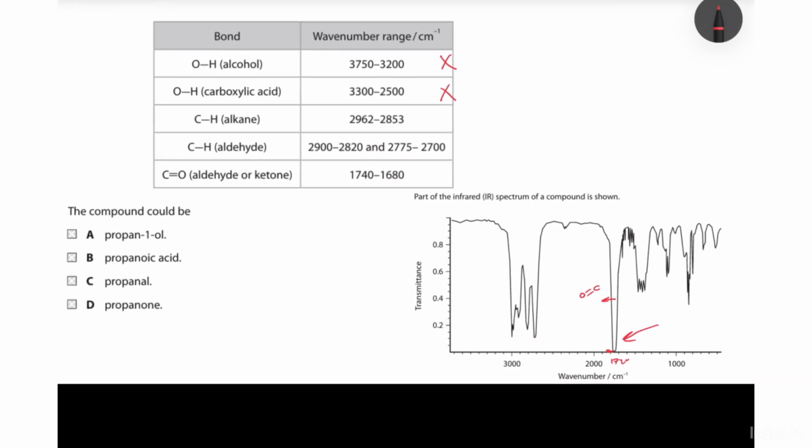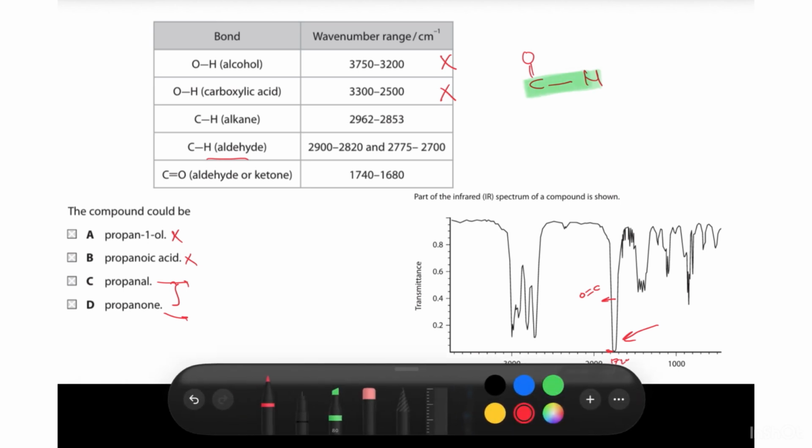So it's not alcohol, it's not carboxylic acid, it's either C or D. How can I distinguish between aldehyde, which is a propanal, and ketone, which is a propanone? We can see that the aldehyde has a functional group of this. The presence of the CH bond appears in aldehyde as these peaks in here.